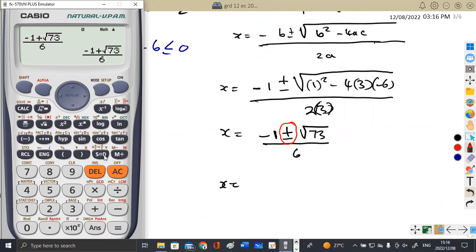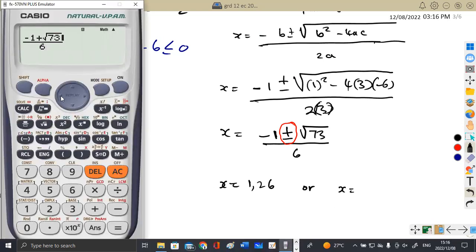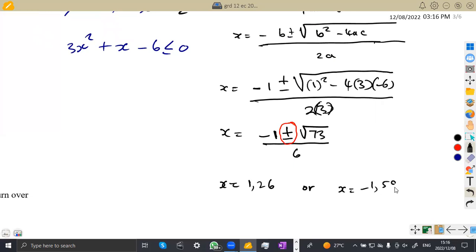So we are going to obtain 1,257 and so forth, which can be 1,26 to 2 decimal places. So we've got 1,26 or another x, which is equivalent to, if we substitute here, this will be a negative, and that will be -1,59.